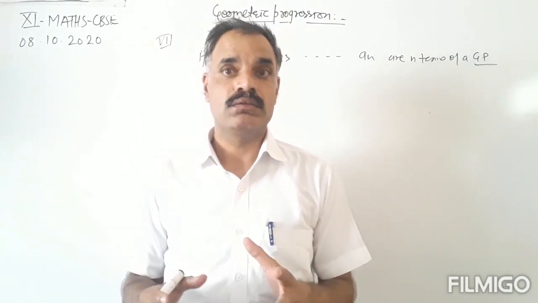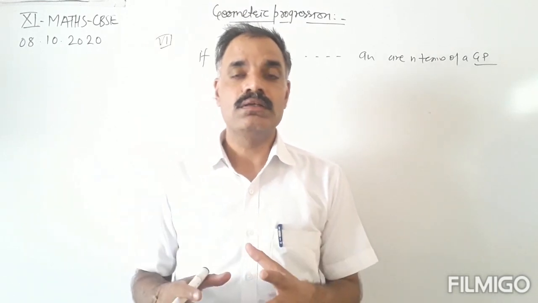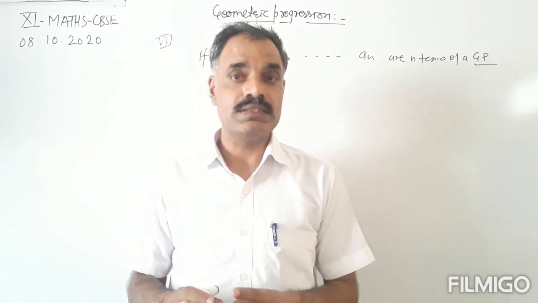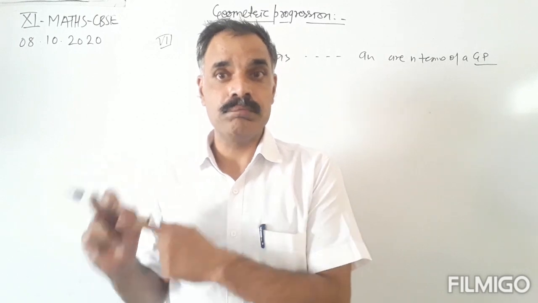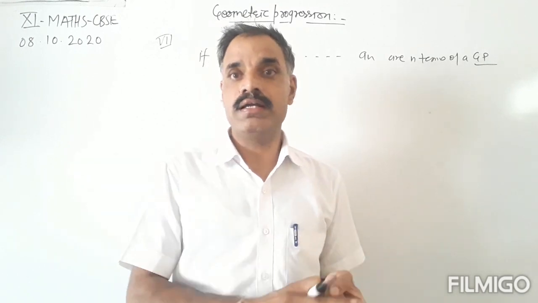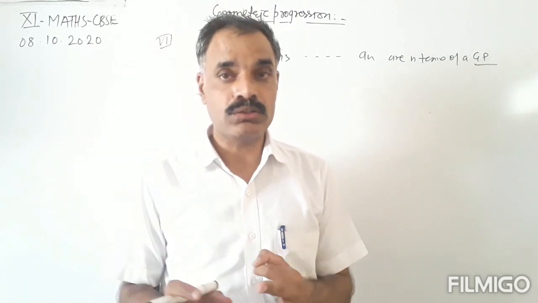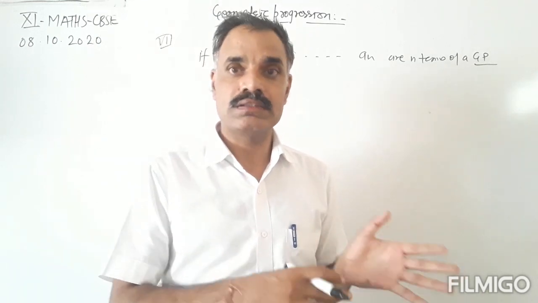It means the product of the terms at equal distances from the beginning and from the end is always the same, and that is equal to the product of the first and last term.